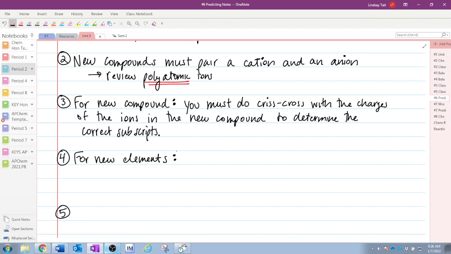When you're writing down the formula for an element, you do not write the charge. Elements made in chemical reactions are not ions. They are neutral atoms of that particular element. So sometimes I'll talk about what charge it would have if it formed an ion, but in the reaction itself, if it's an element, it is neutral. It does not have a charge.